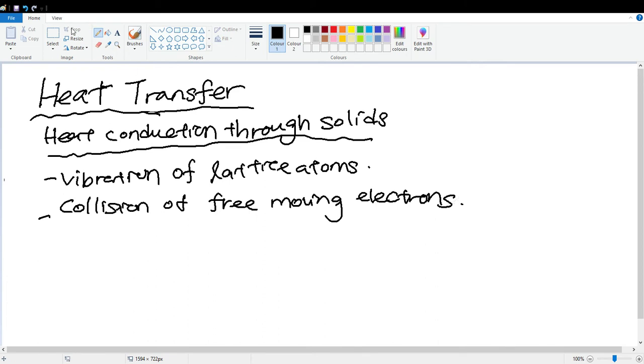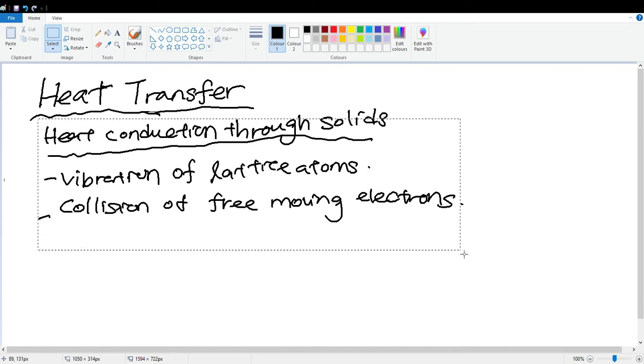Let's just begin with the vibration of lattice atoms.